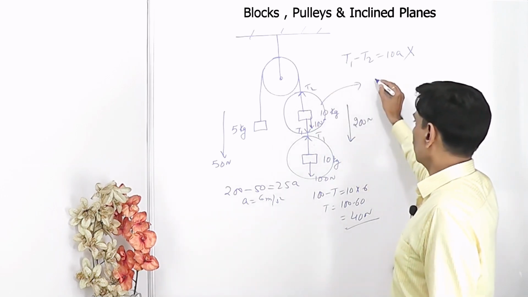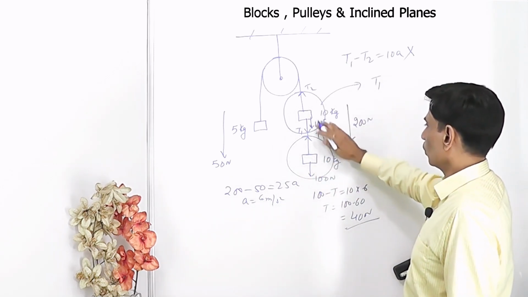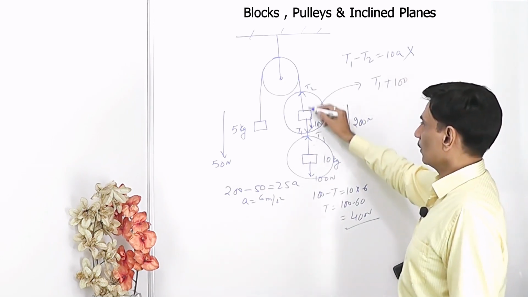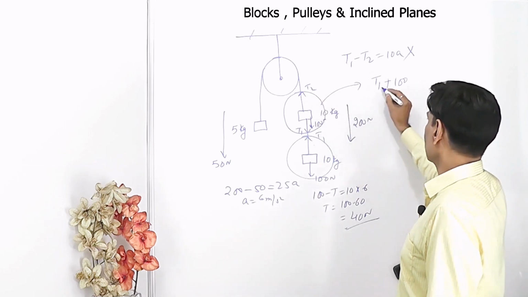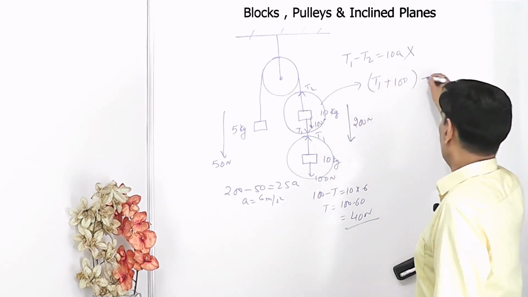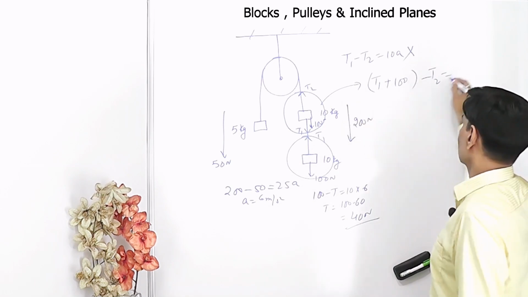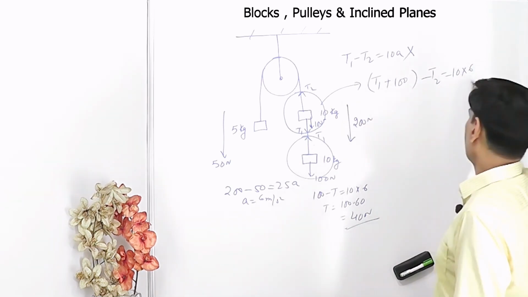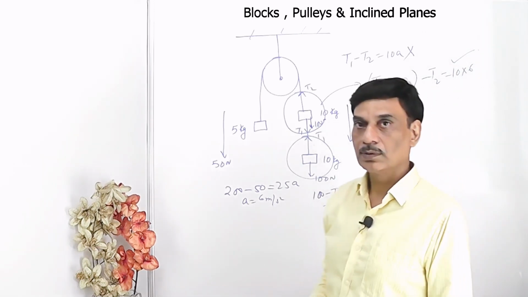So the right equation for this, with acceleration down, is that the downward force is T1 plus 100. T1 is the tension in the string. T1 plus 100 is the downward force, minus T2 is equal to mass, which is 10, into acceleration. Acceleration, we have got, is 6. So from here we can get the value we have to find.